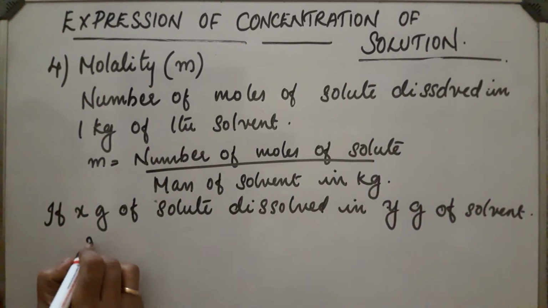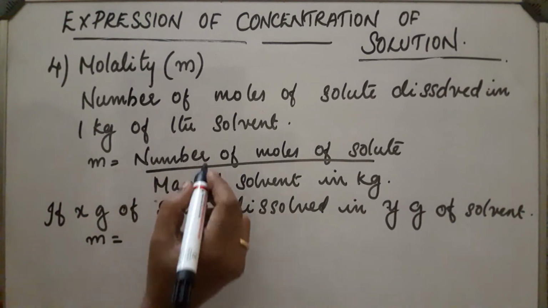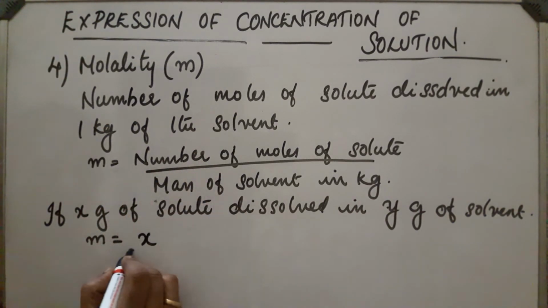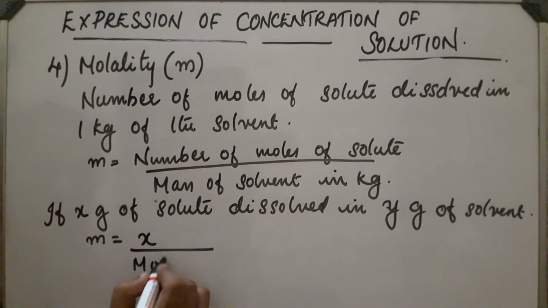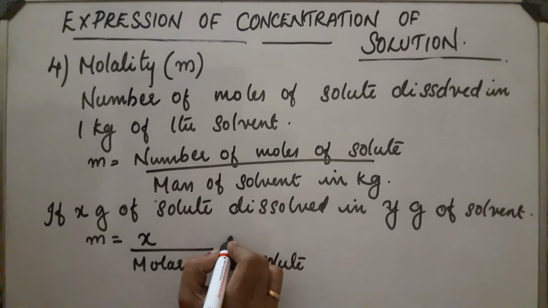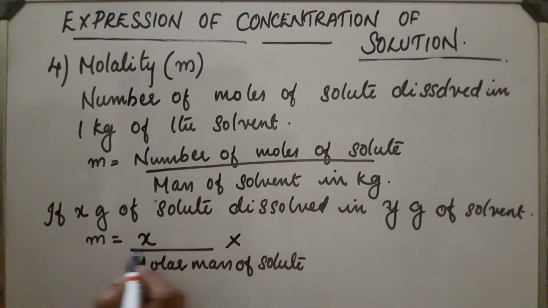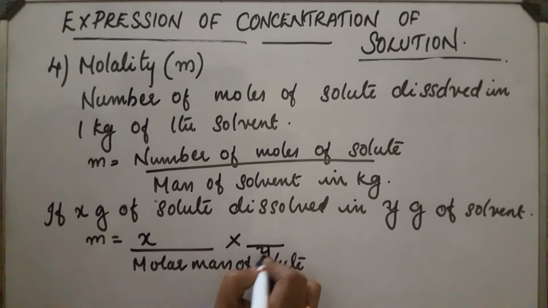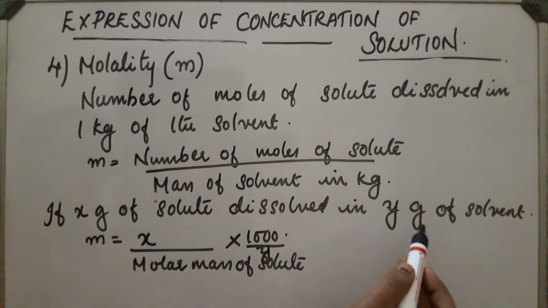So small m is equal to the mass of the solute by the molar mass of the solute, since the number of moles is mass by molar mass, into 1000 by y, because we have to convert gram into kilogram. Like this, small m or molality can be calculated.